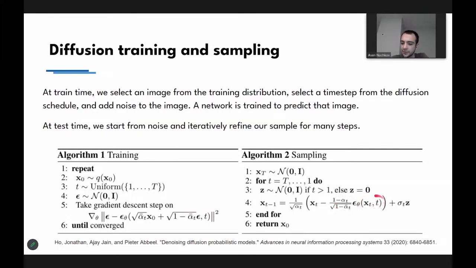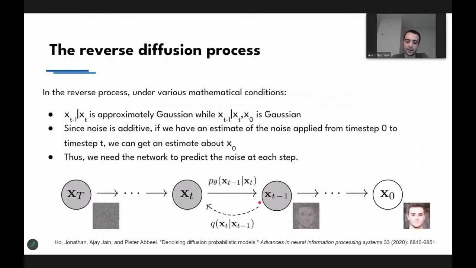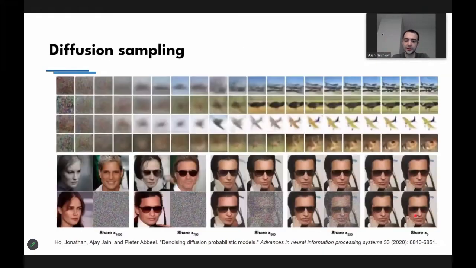This calculation gives us an estimate of x0. And finally, this calculation gives us a sample from the denoised distribution. And that's how, starting from this, we repeatedly resample until very gradually we can obtain images.